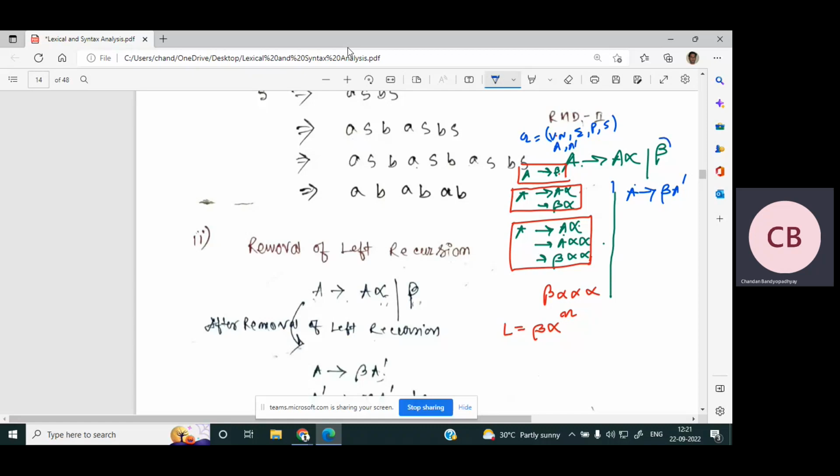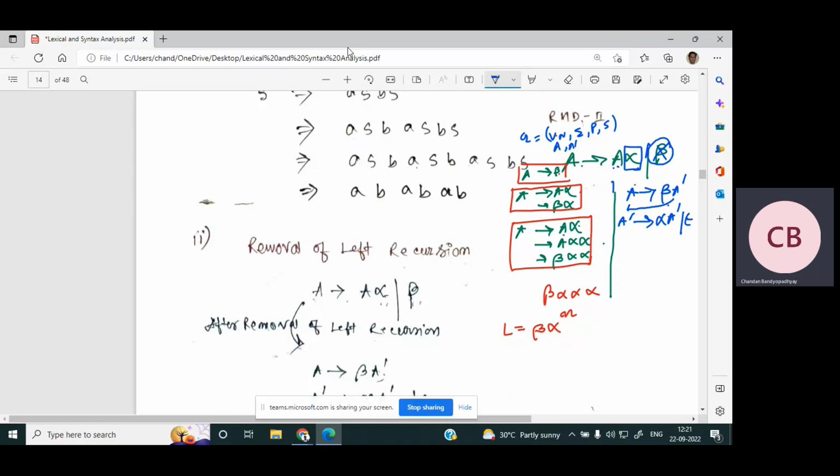Beta means this part I have taken, beta A dash. So the right part, the OR part I have taken, A to OR part A dash. Then again you should write A dash to this left recursive part. What is left? Alpha is left because beta I have already taken. You should write this alpha A dash and only need to write epsilon.